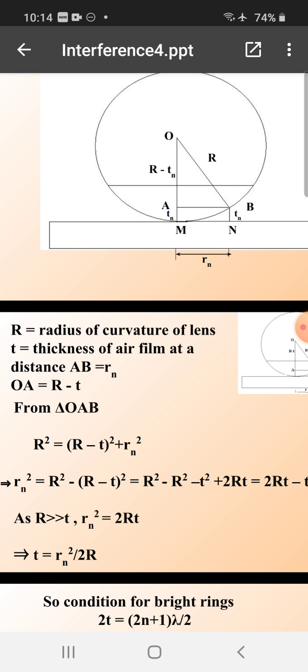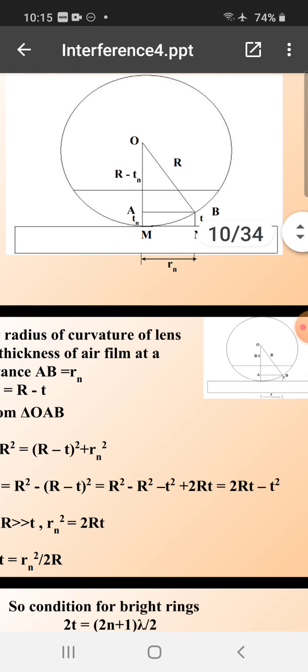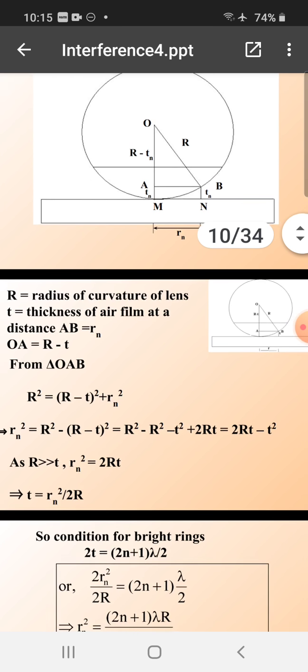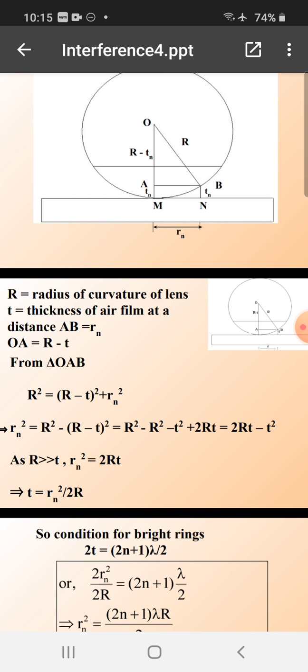So take rn square on one side, it is r square minus that. Open the square and solve it. You will check it is 2rt minus t square since r square cancels. Now since r is very large as compared to t, t square is very small, hence neglecting.